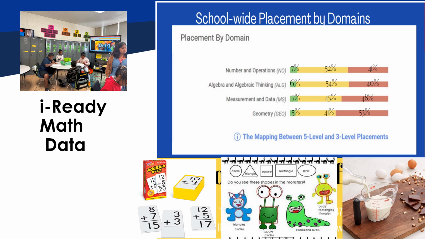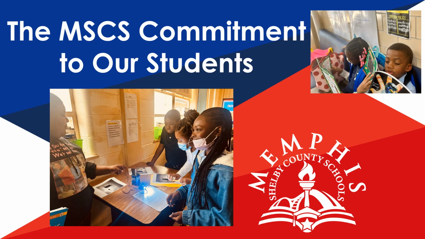It'll help them with fractions. It'll help them with a lot of basic math facts. So once again, help with basic math facts, identify shapes, and allow our students to be with you in the kitchen.